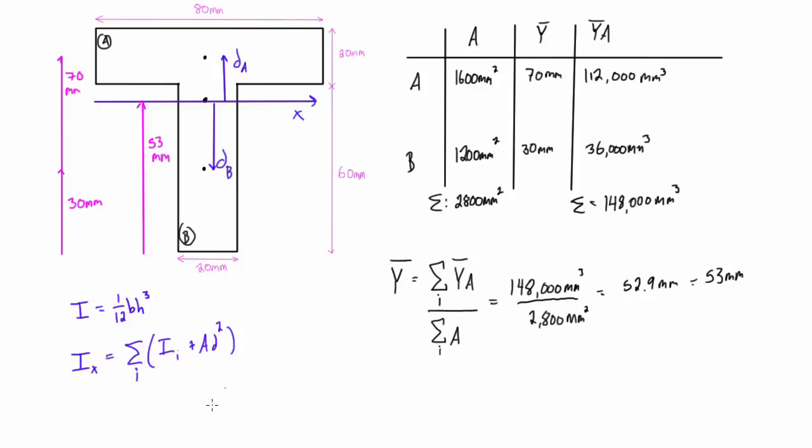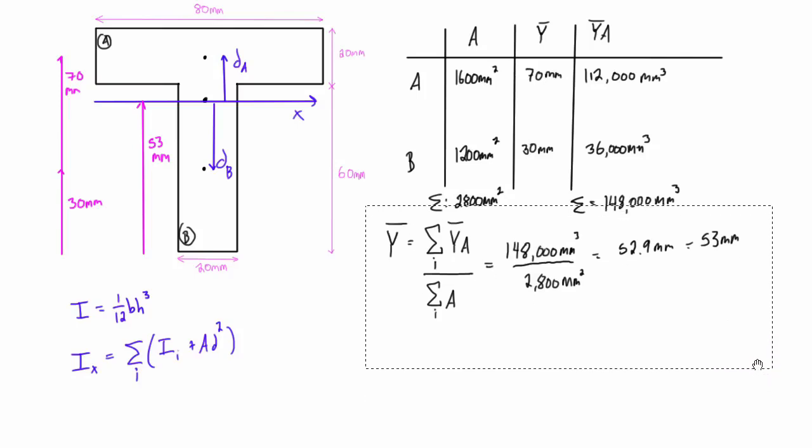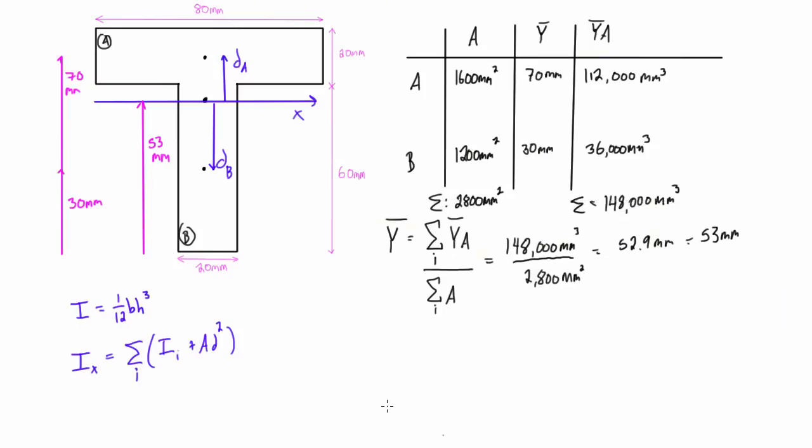So if we wanted to expand this out, let's give ourselves some more space to work with. So what we're saying is that we have I equal to the sum of one-twelfth base times height cubed plus A d squared, where A is the cross-sectional area of the individual component.